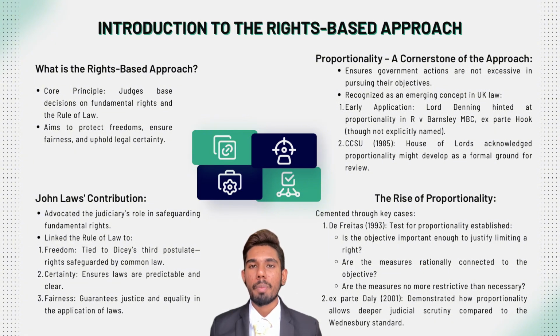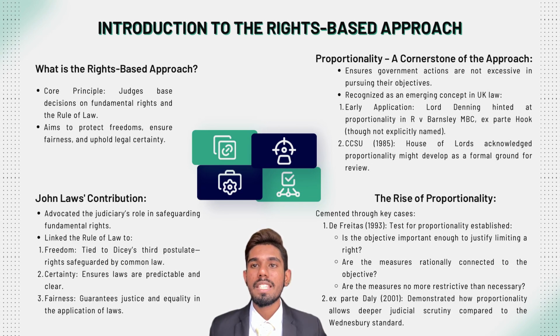The concept of proportionality is a European concept which ensures the exercise of powers by authorities is proportional to the objective being pursued. The concept was first applied by Lord Jennings in Ex parte Hook, though it was not explicitly referenced thereto.